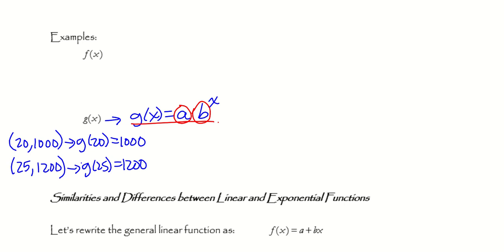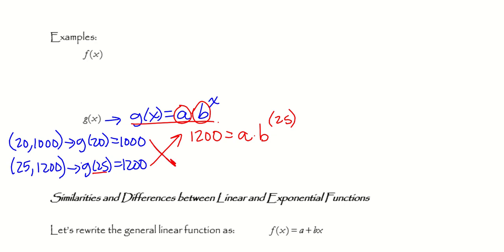So since my bigger number is on bottom, I'm going to switch my order here, and I'm going to plug in 25, 1200 first. So for g of x, I'm going to plug in 1200. G of 25 is 1200 equals my unknown a times b, and the x I'm going to use is the x from that point, which is 25.